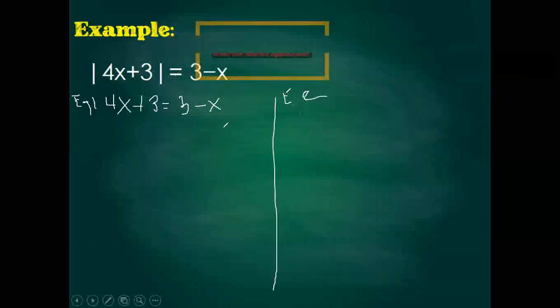Equation number 2, just change the sign. So 4x plus 3 equals, so positive 3 here, the negative x, so it will be negative 3 positive x.